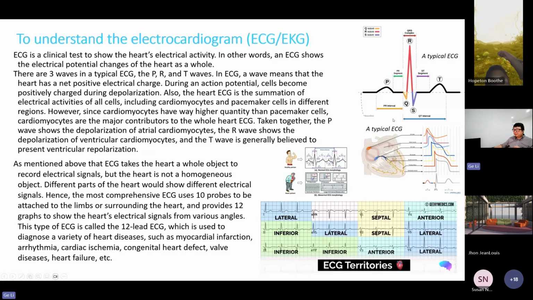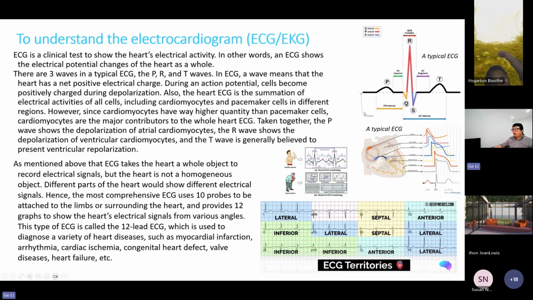That's why the highest peak, this R peak, this whole thing called a QRS complex, and this is called a wave, not peak. The R wave is contributed by the larger portion of the heart, which is the ventricle. So the R wave is the depolarization of the ventricular cardiomyocytes.